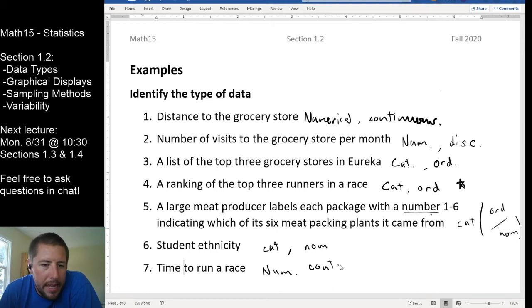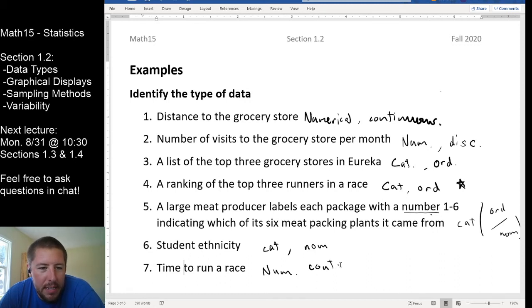When we are talking about how we measure time, ultimately whatever time measuring device you're using has a finite number of decimal places, right? It's only going to have two or maybe three decimal places. So you could think of this as a bit discrete, because we're really focusing in on a super narrow window of times. Again, with Bolt, what is it, 9.63 seconds or something like that was his 100 time. I'm sure I'm getting all these numbers wrong. But a 9.63 versus a 9.64 is a huge difference to him, right?